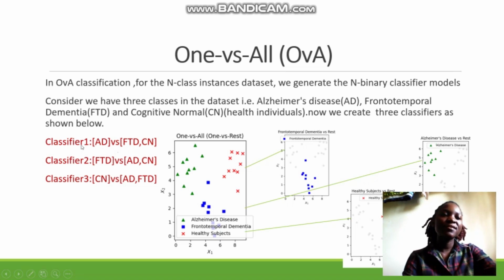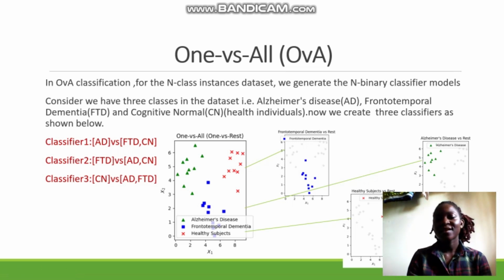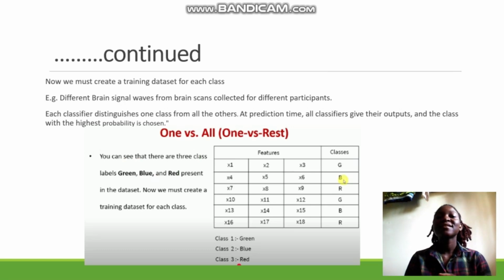So we choose the classifier with the highest probability. Let's say classifier 1 has the highest probability, so the new brain signal wave will belong to the Alzheimer's disease or AD class, because of the highest probability.